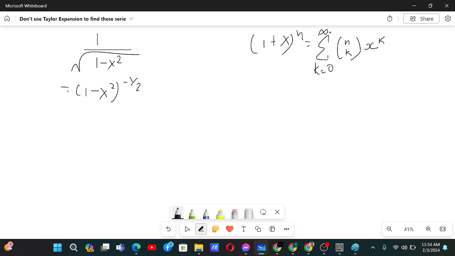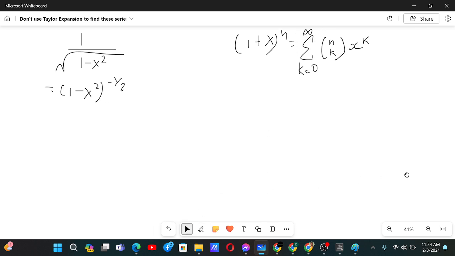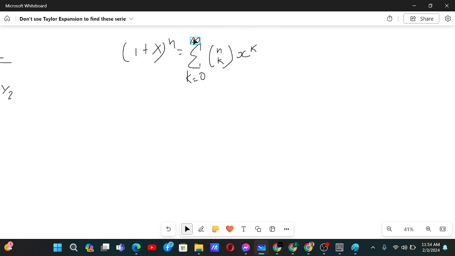Now if you're wondering why I wrote infinity over here and not n, it's because infinity is a general case. If we write infinity, it will also include the cases where n is a positive integer, and also when n is a fraction. Now let me show you how it includes the case of positive integers as well.